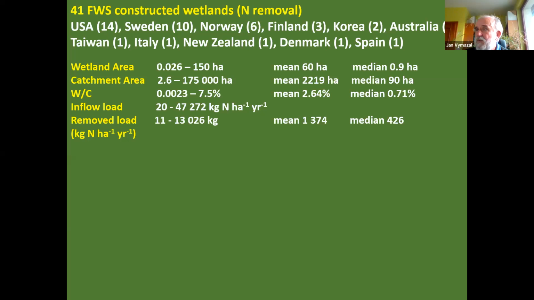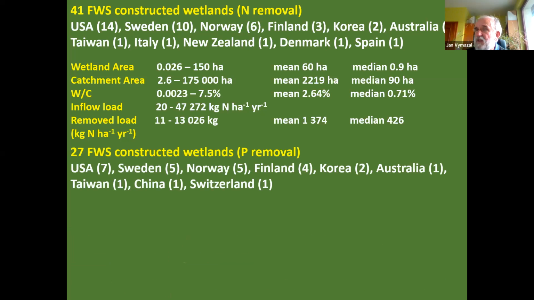Here are some numbers. This is based on my survey of 41 free water surface constructed wetlands. It's needless to say that at the moment, most constructed wetlands which were built to treat agricultural drainage are those with free water surface.